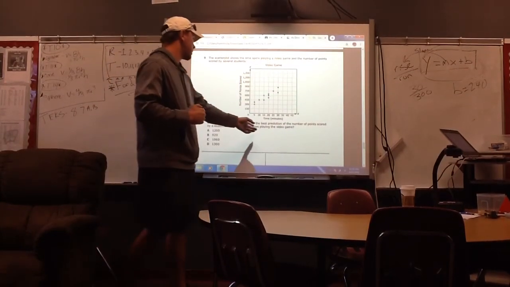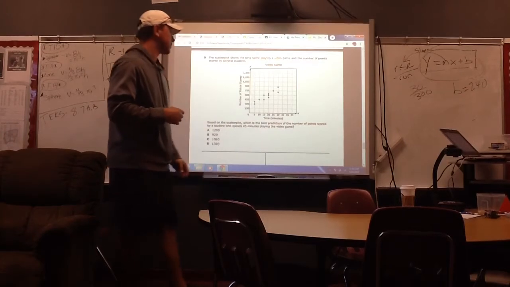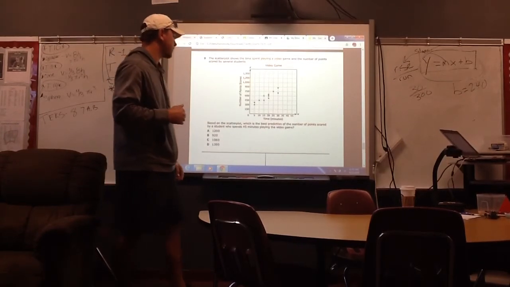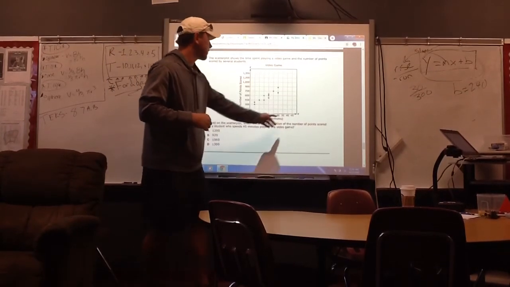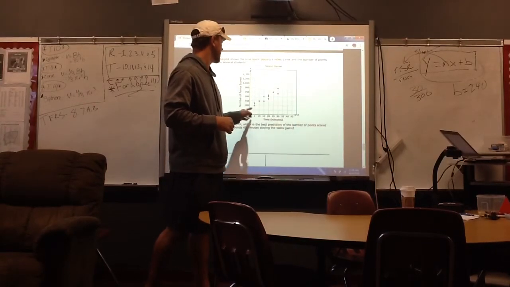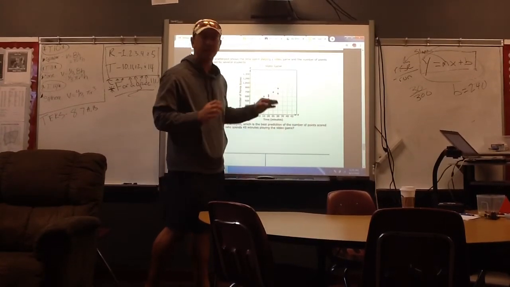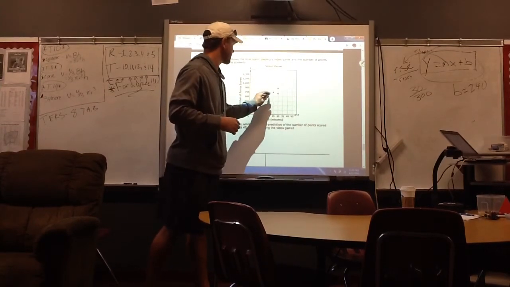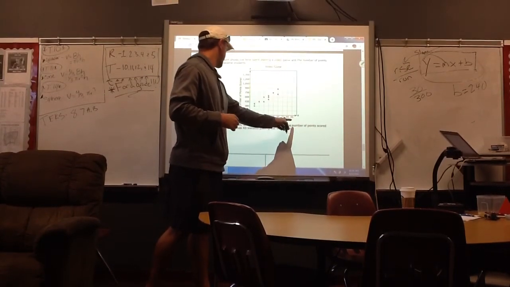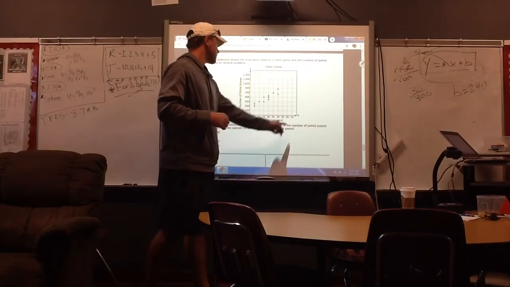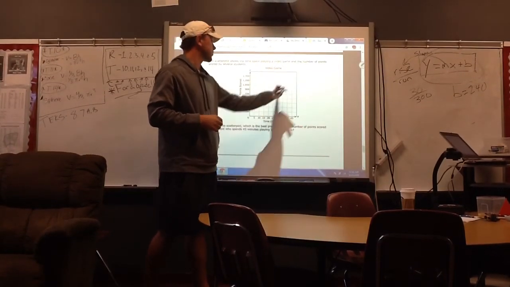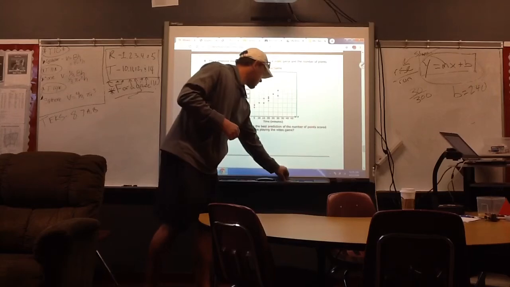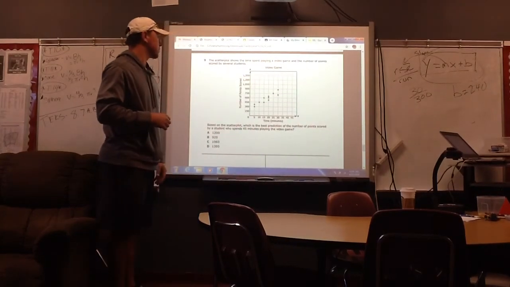Based on the scatter plot, which is the best prediction of the number of points scored by a student who spends 45 minutes playing the video game? Find 45 minutes. What I would do is make a trend line. The trend line needs to be in the middle of your points. So make a trend line going through, find 45 minutes, and figure out where that hits your trend line. That's what you need to do. And it's multiple choice, we can go from there.